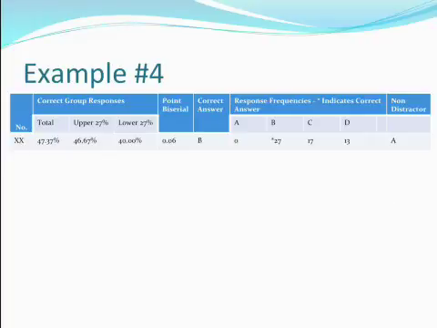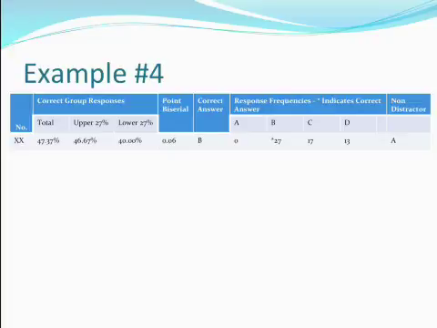Let's do example 4. And this is just made up. It doesn't come from any of the other item reports. So in this case, 47.37% of all the students who took the exam got this question correct. Of the upper 27%, 46.67% got it correct.